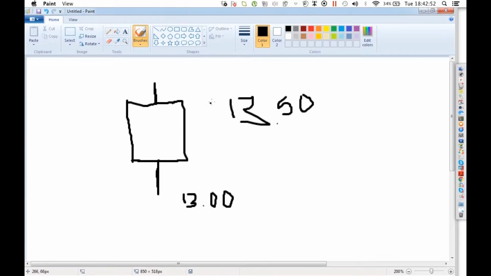So this is an example where price opened at 13.50, closed at 13.20, but they still tried to go to 13 Rand straight, but they failed.